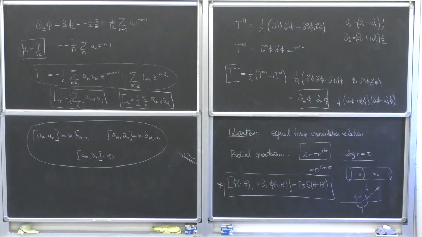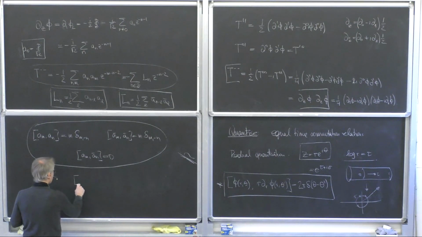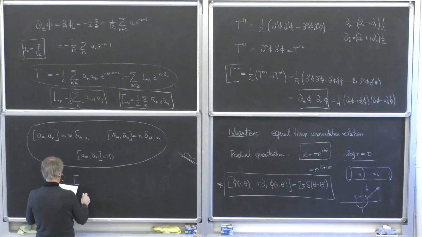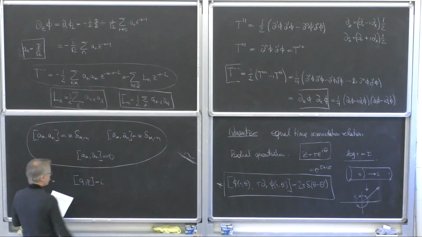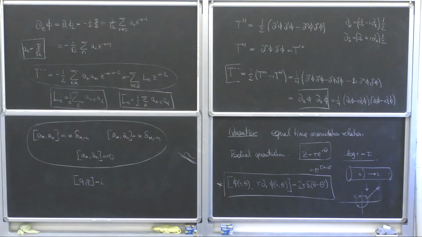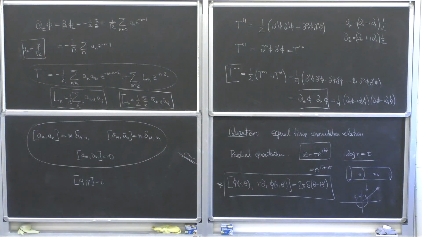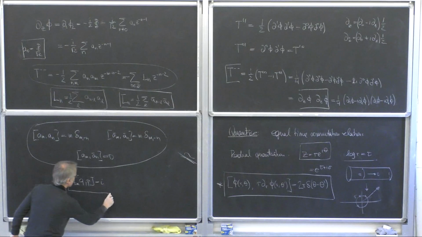The partner of A_0 is Q. The non-trivial commutator is that the commutator of Q with P is i. That's the additional commutator that you need, because here I've only given you the commutators for the A's, and then the P's and the Q's satisfy this mode expansion.